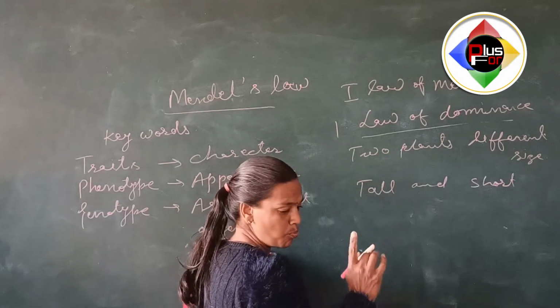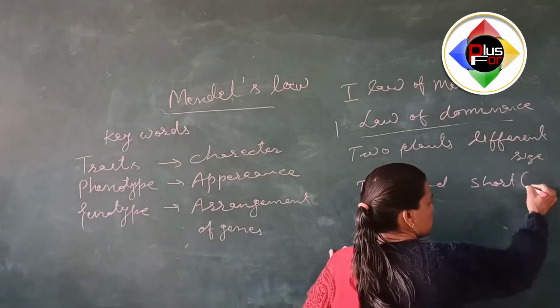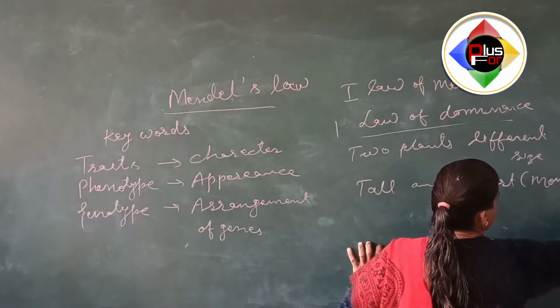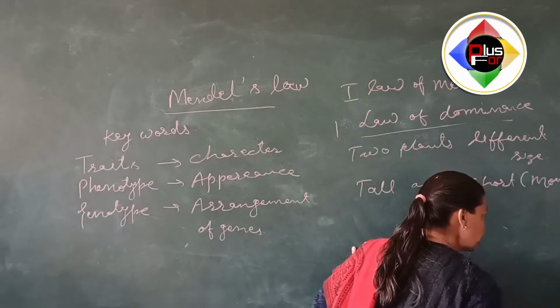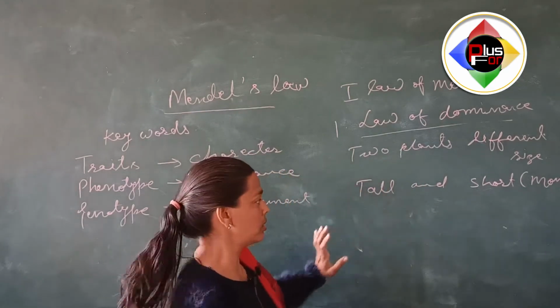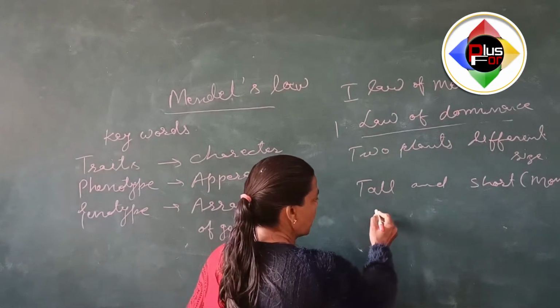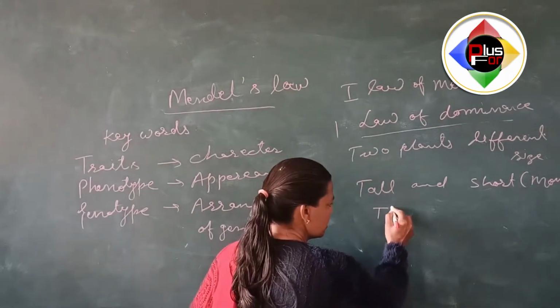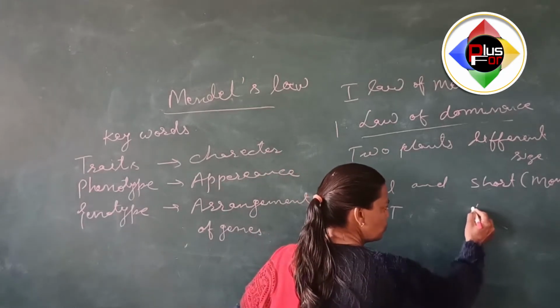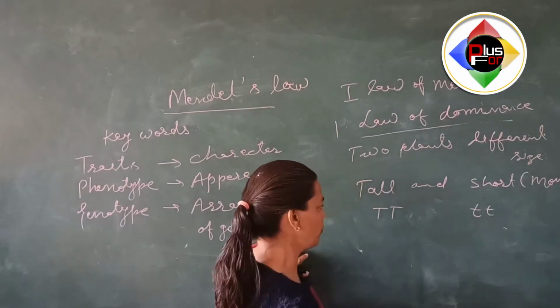It is also called monohybrid. Monohybrid means he took only one character for this experiment. Tall plants have the gene structure capital T, and short plants have small t.